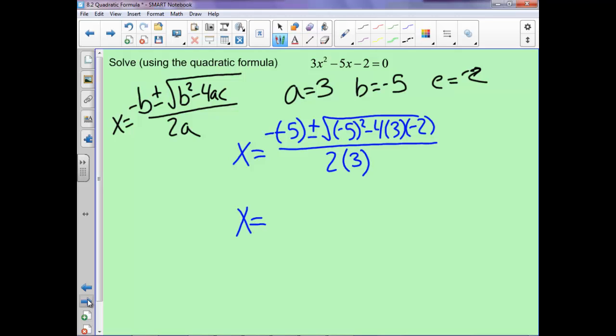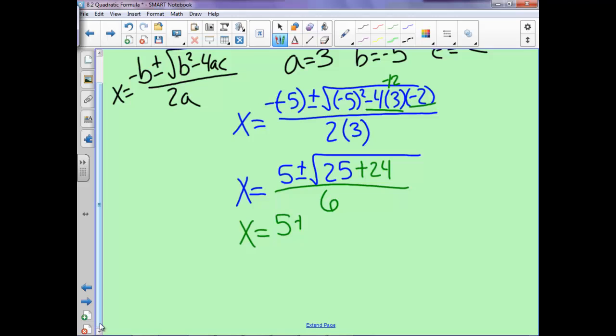Now we just use our order of operations. So a negative times a negative is a positive 5. Negative 5 squared is positive 25. And then we've got a negative 4 times 3 is negative 12, times a negative 2 is a positive 24. Still all over 6.